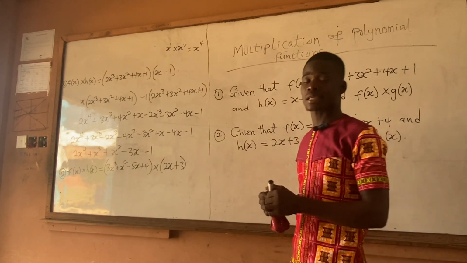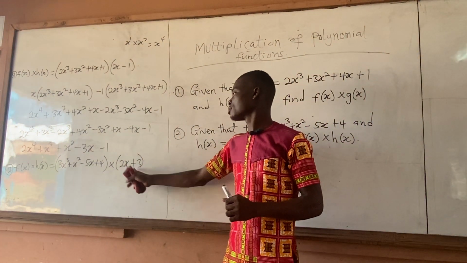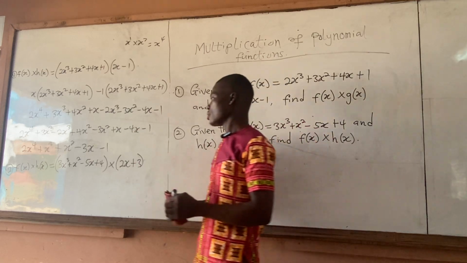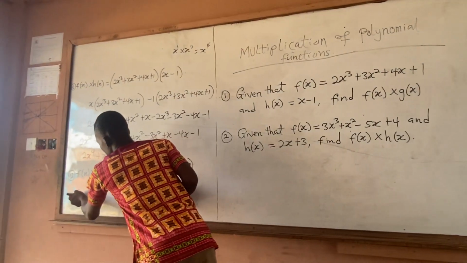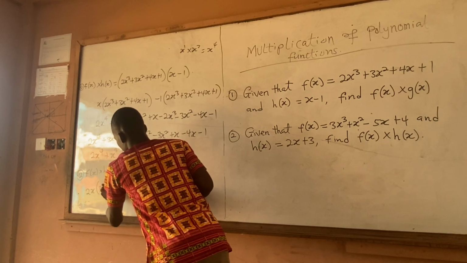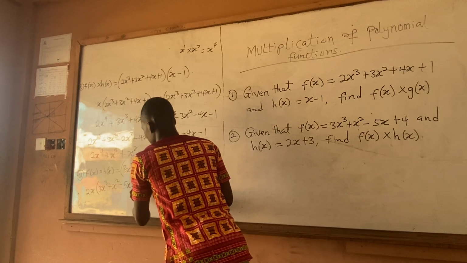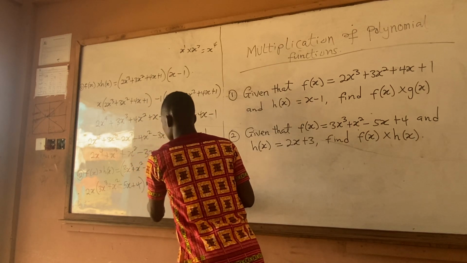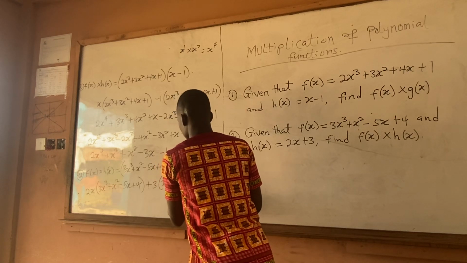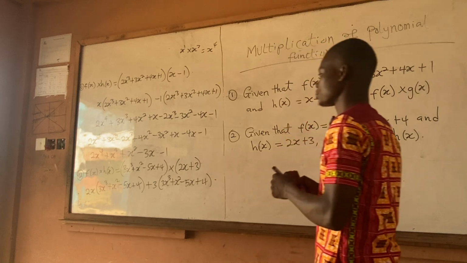Now it's the same thing. Let's take our time and use the terms in the second bracket to expand the first one. We are going to get 2x times the first bracket.